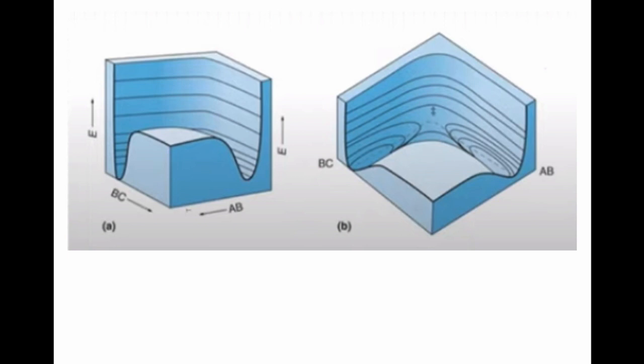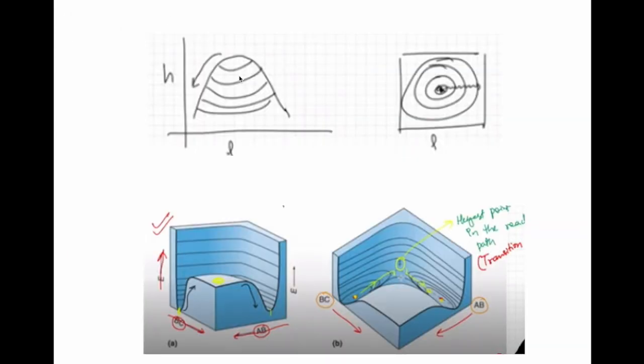You can see here BC, AB, and this axis is potential energy. Now this particular graph has length L and height. That's why we have to understand the contour form.